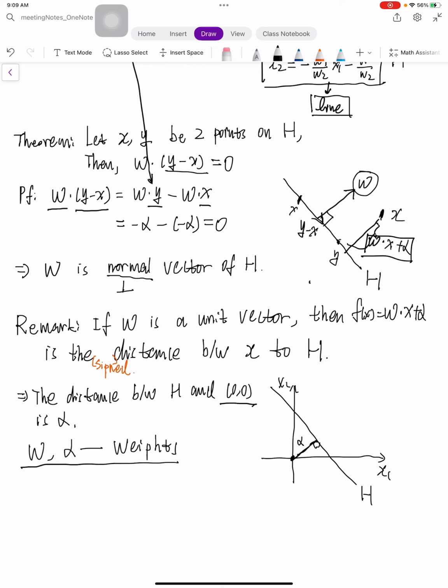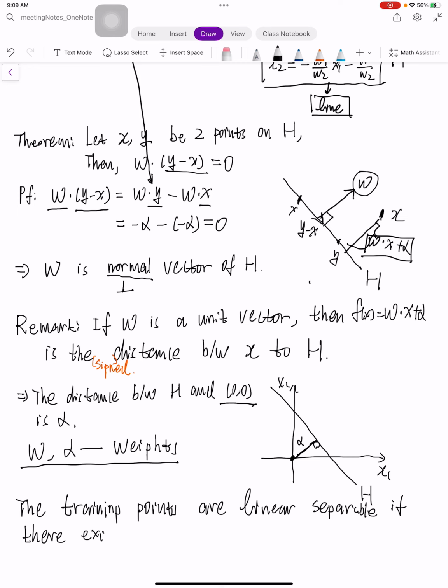Another notion is called linear separable. The training points are linearly separable if there exists a hyperplane.